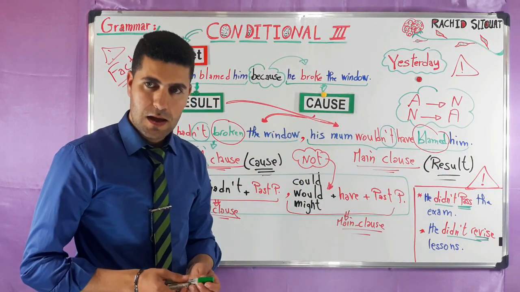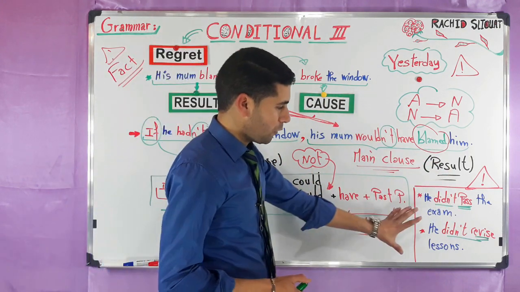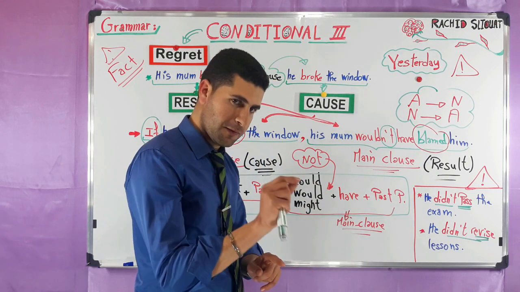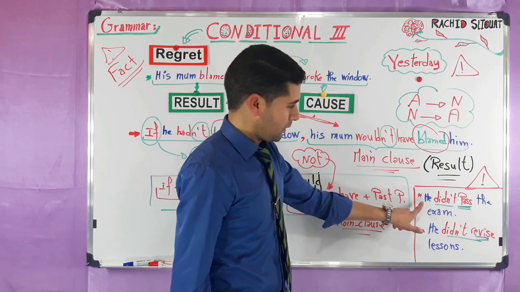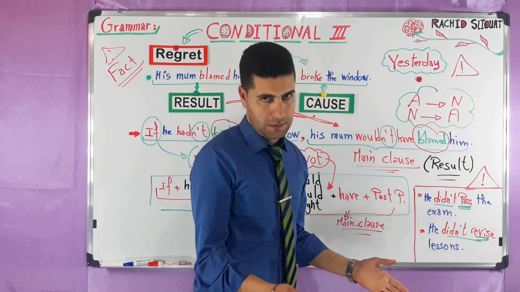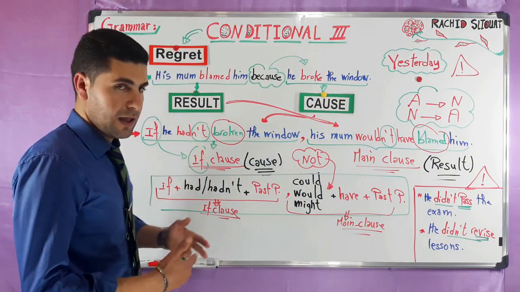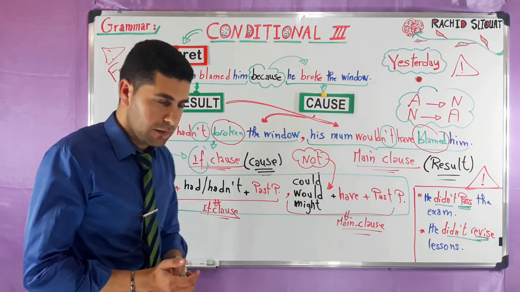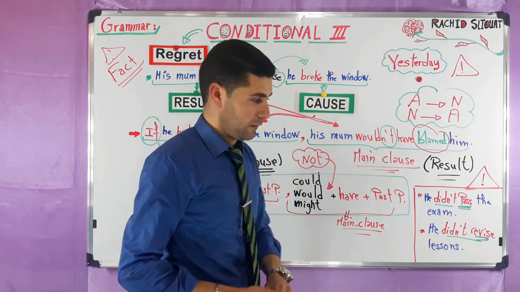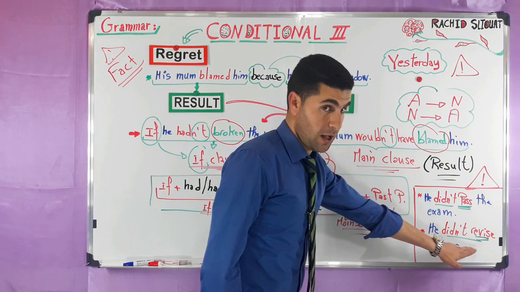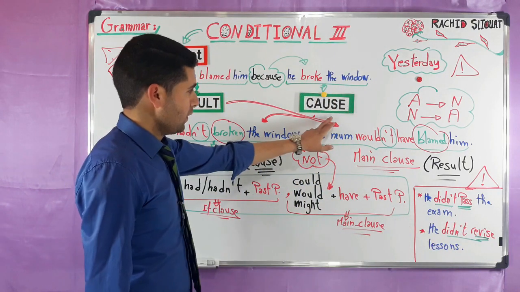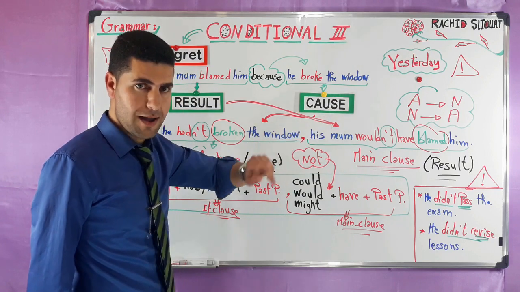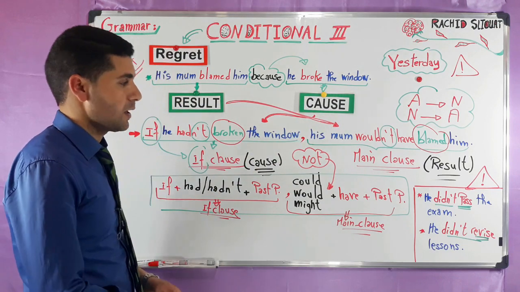The first thing we have to identify is where the cause is and where the result is. He didn't pass the exam is the result. And why didn't he pass the exam? Because he didn't revise lessons. So he didn't revise lessons is the cause.